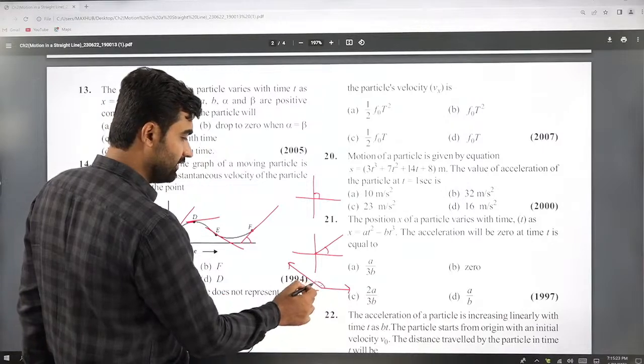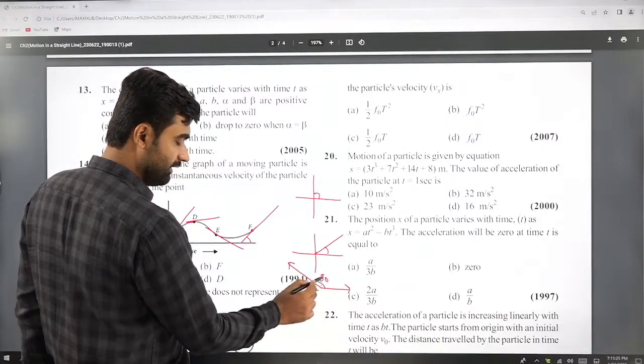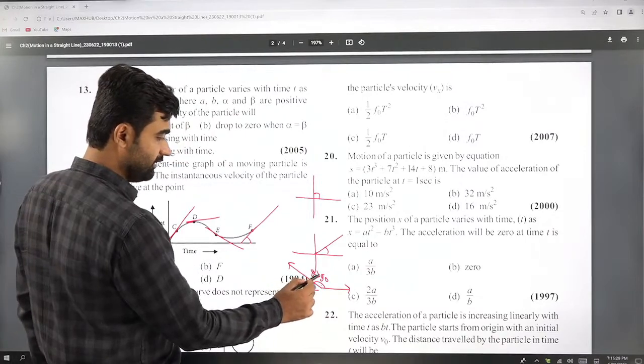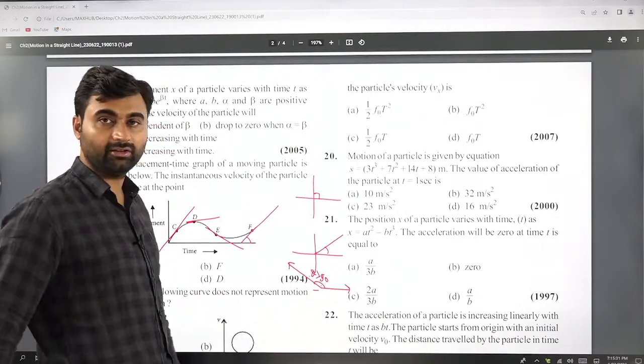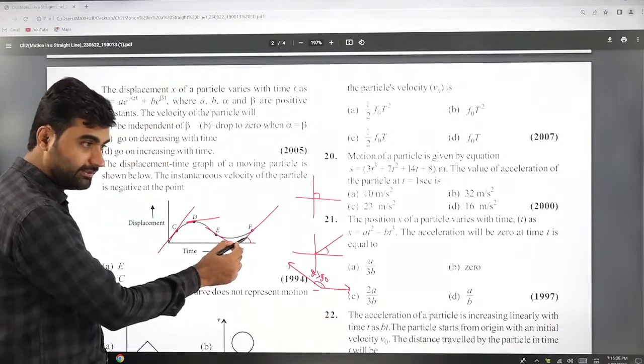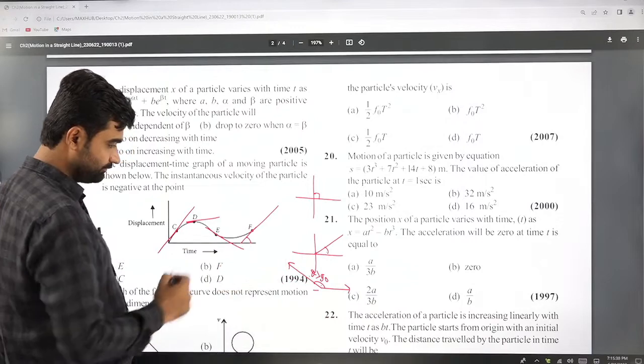Now this angle becomes greater than 90. Is it clear? Suppose this angle is theta, so this theta is greater than 90. Understood? Here the angle is less than 90, you can see this form.